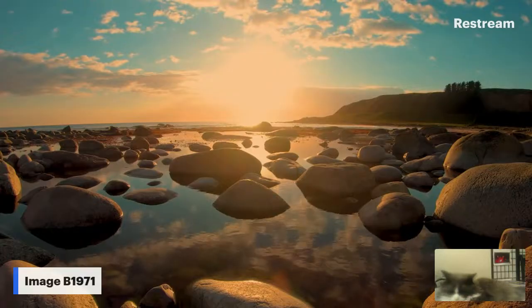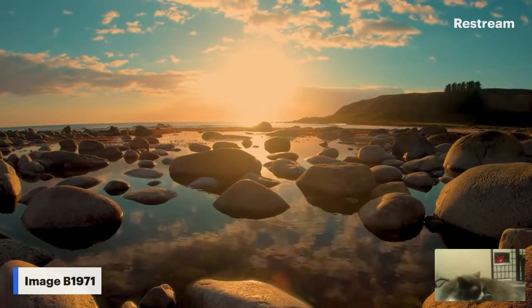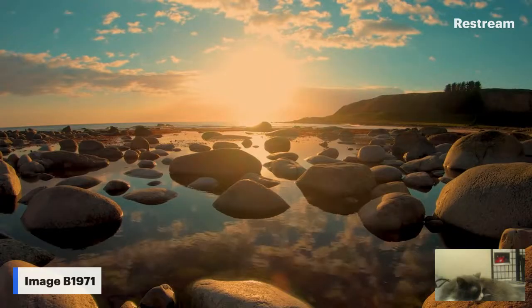All right, guys, our next image is image B, 1972. Again, write the number down 3 times. Put a small symbol or gesture beside it.